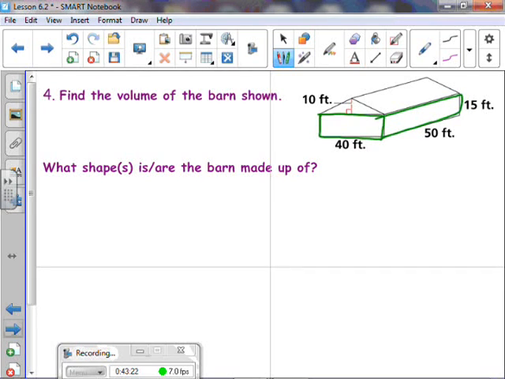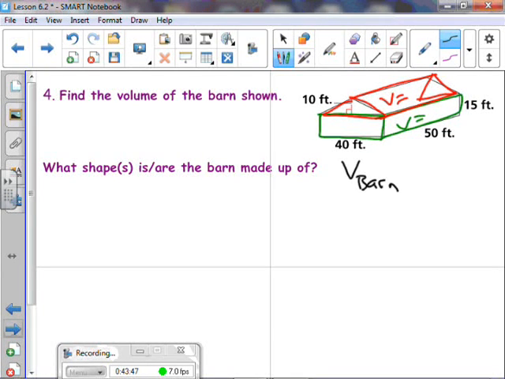And then separately, we have this triangular prism on top. We can find the volume of this shape here, volume equals something. And we can find the volume of this shape here, volume equals something.